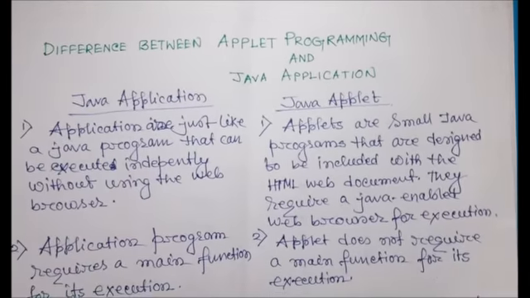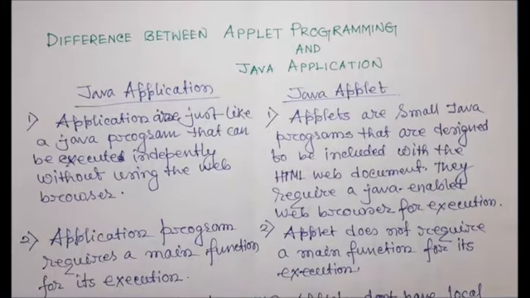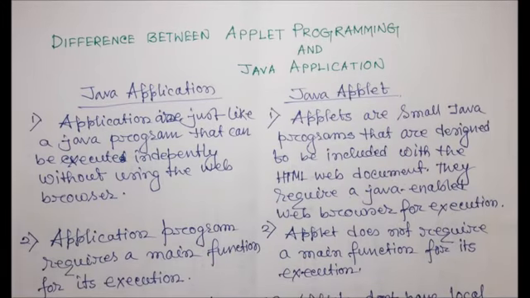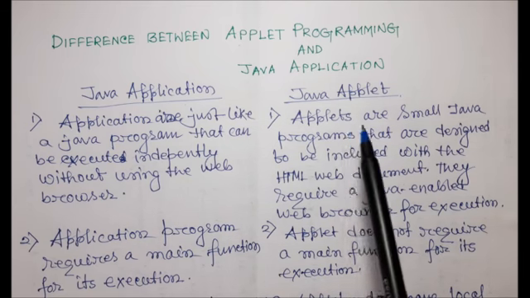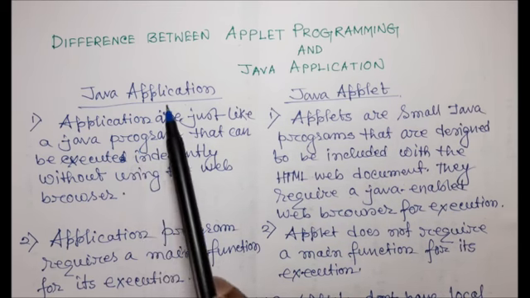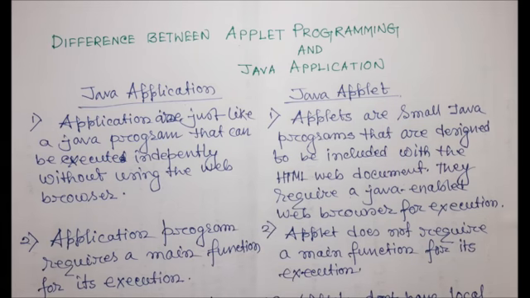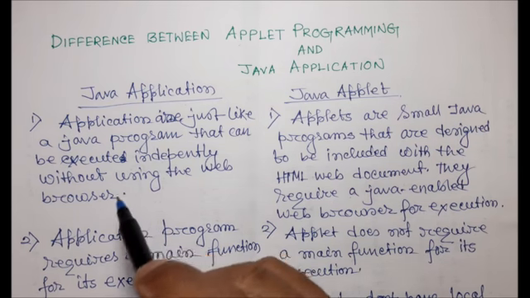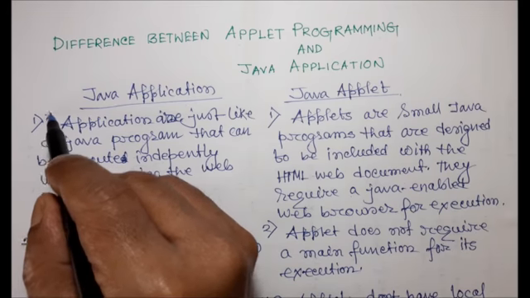So the main difference between the Java application and Java applet is summarized here. On the left hand side I have written Java application and on the right hand side Java applet. So we know that an application is just like a Java program that can be executed independently without using a web browser. That is a very important point. The first point is very important.